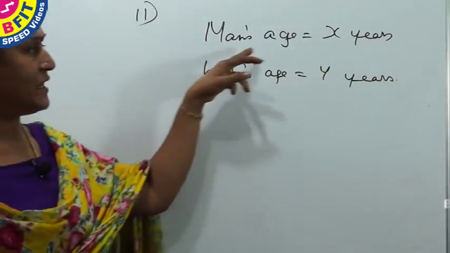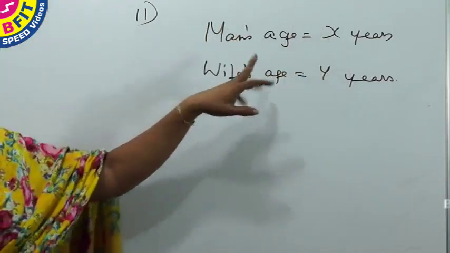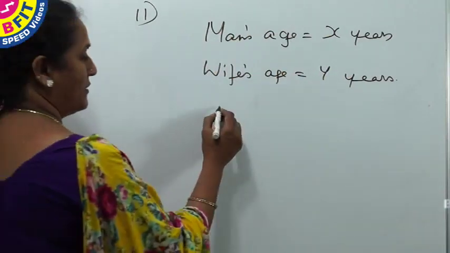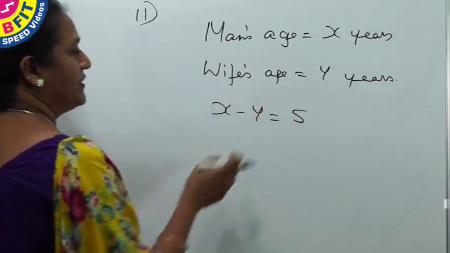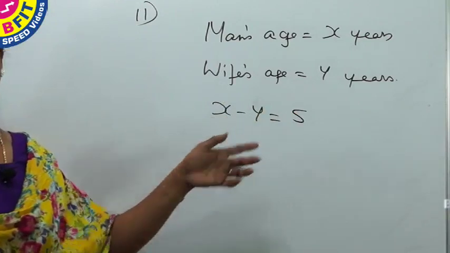So the man's age at the time of marriage is taken as x years and the wife's age at the time of marriage is taken as y years, and the man was 5 years elder than his wife. So the difference in their ages at marriage is x minus y equal to 5.